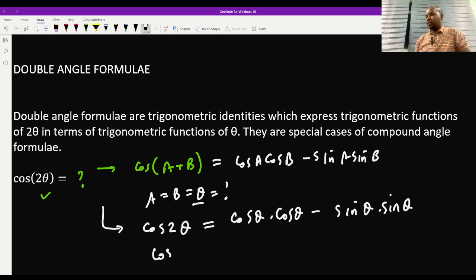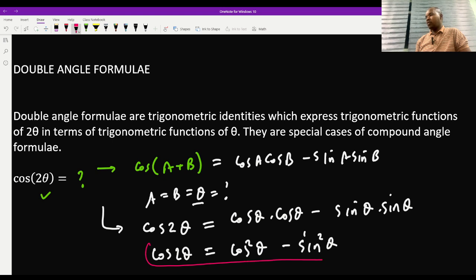So cosine 2 theta will be cos squared theta minus sine squared theta. This is the first expression we will have corresponding to the double angle formula of cosine.